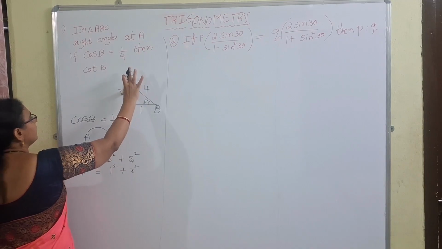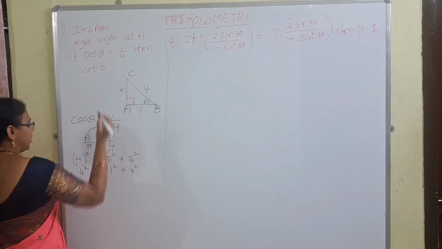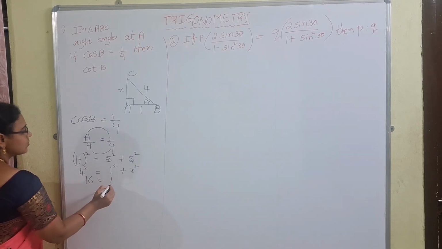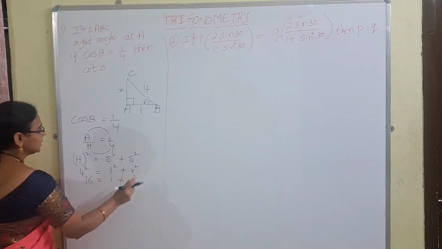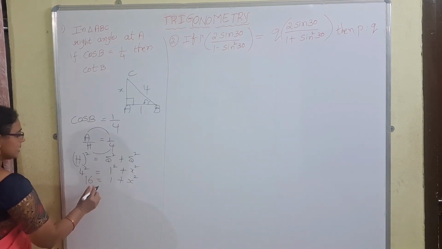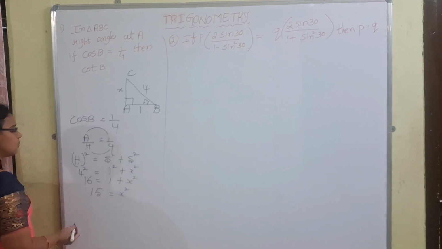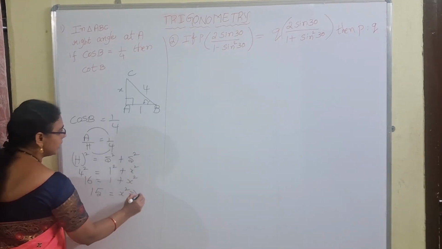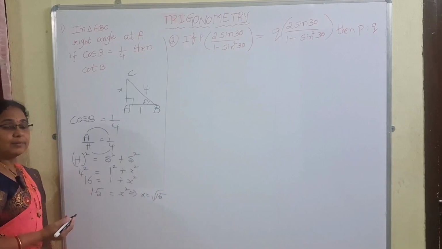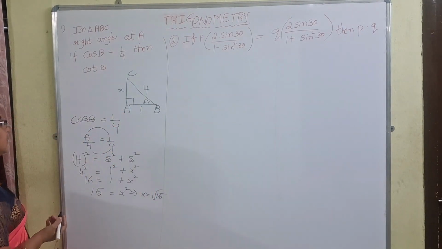So 4 square is 16, equal to 1 plus x square. Transposing 1 to this side, 16 minus 1 is 15. So x square is 15. Transposing the square to the opposite side, it becomes a square root. So x is root 15, the third side of the triangle.